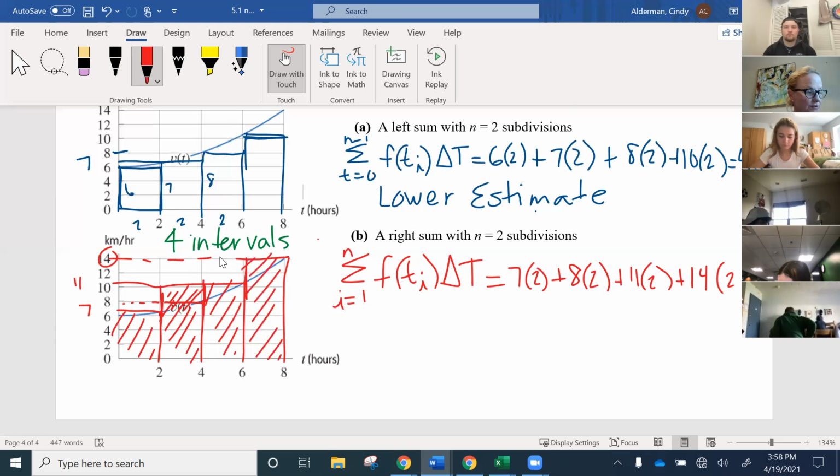So is this a lower estimate or upper estimate? Anybody? My question is, is this a lower or upper estimate? Is it an under or over estimate? Upper. Upper, definitely, right? Because it goes above. You can say this is an upper estimate.